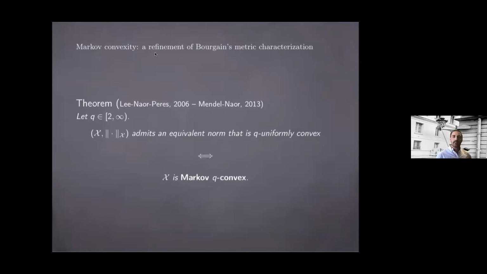Now q is fixed. Can we find a purely metric characterization of this class? And the answer is yes, and Markov convexity does that. So again, you have a class of Banach spaces defined in terms of a local notion, and here this is a purely metric statement.